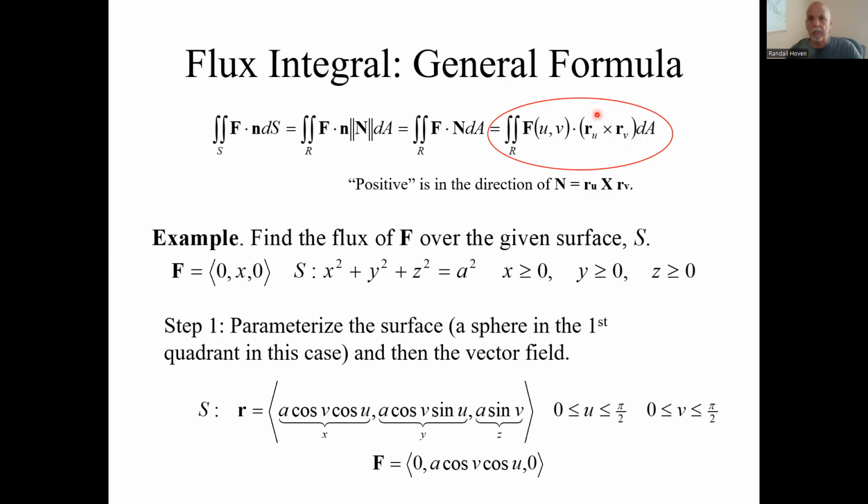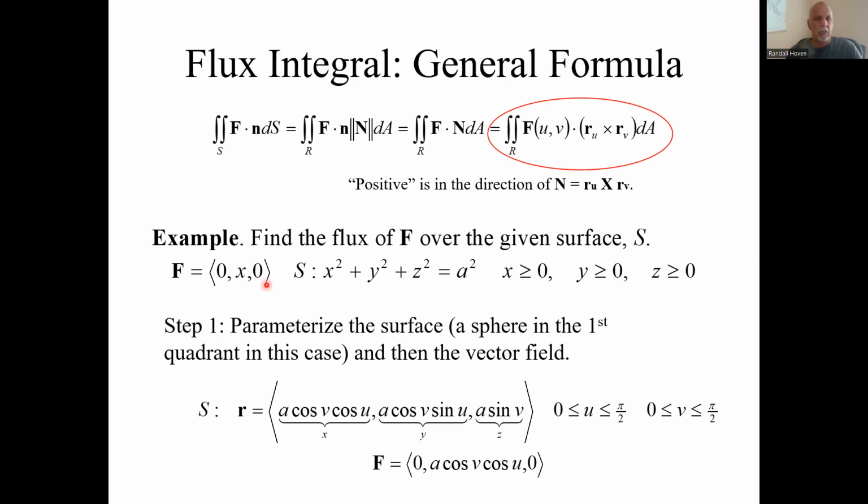Whatever this cross product is, and it might be different at every point on the surface, that's the convention for positive flux. So if you get a negative answer, it means it's in that opposite direction. So it doesn't matter if you do r sub u cross r sub v or r sub v cross r sub u, as long as you understand what it means physically.